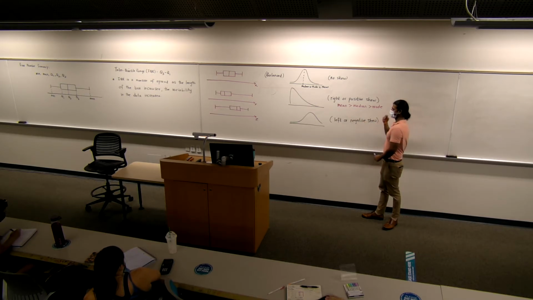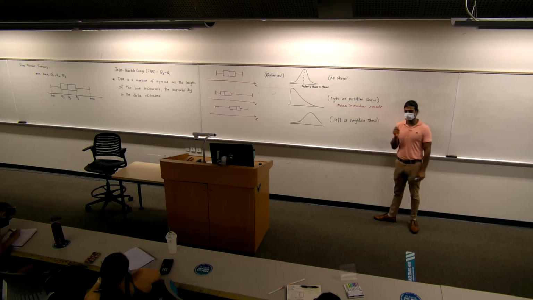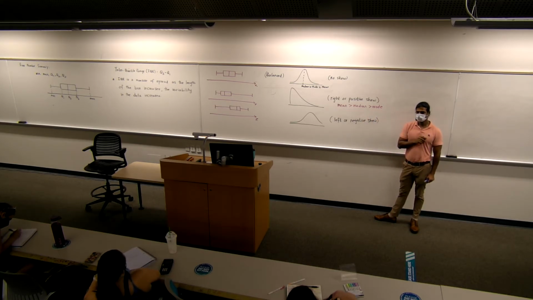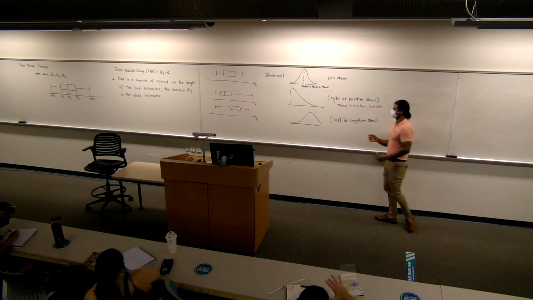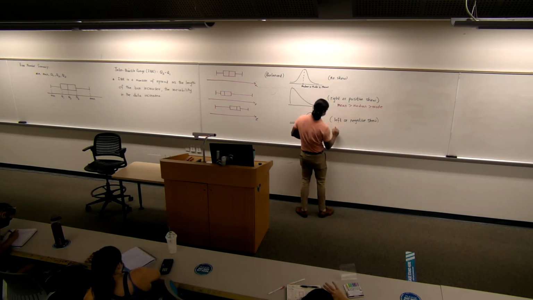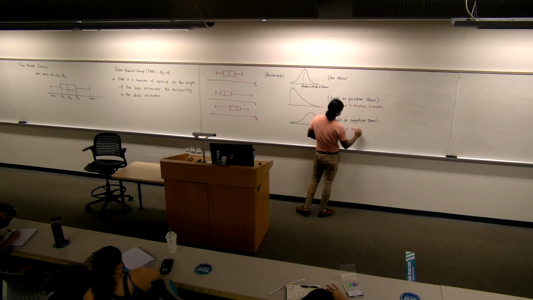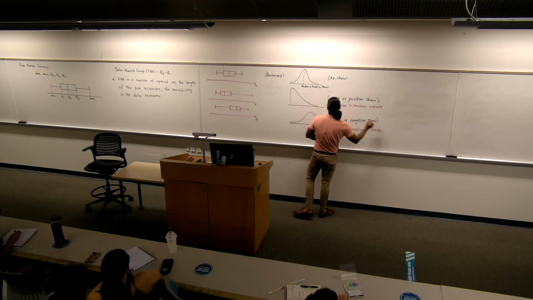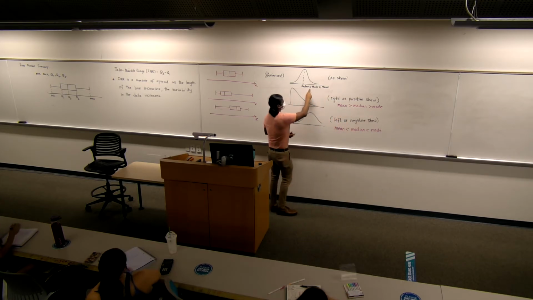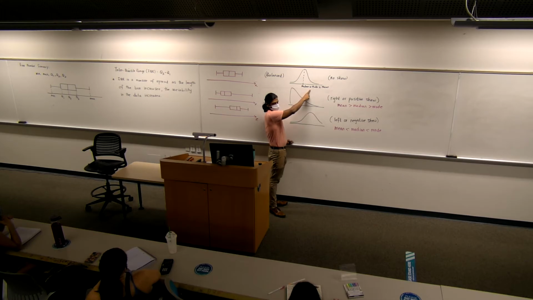If you have to take a guess for the next one, how do you think the mean, median, mode would be related? The mean would be less than the median, and the median would be less than the mode. So what does that equal to? Approximately. Have we seen this before?